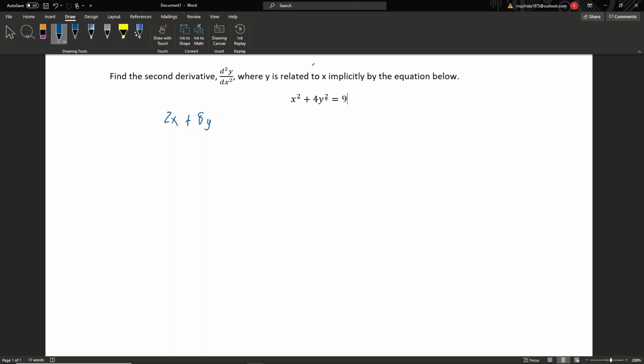But again, we assume that y is a function of x, so we also have to use the chain rule.